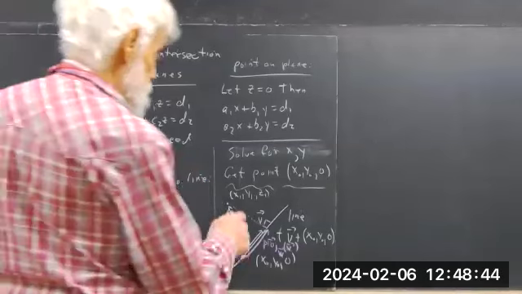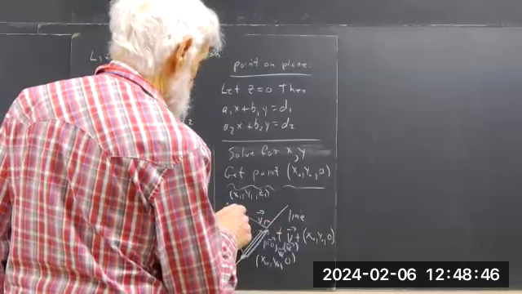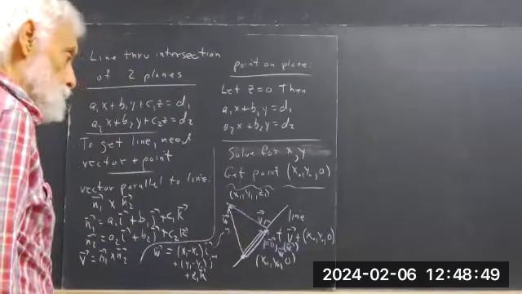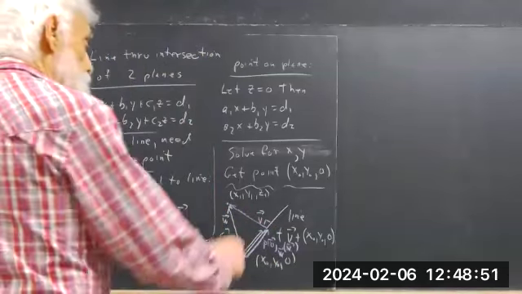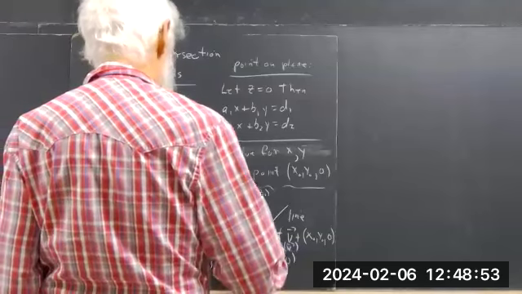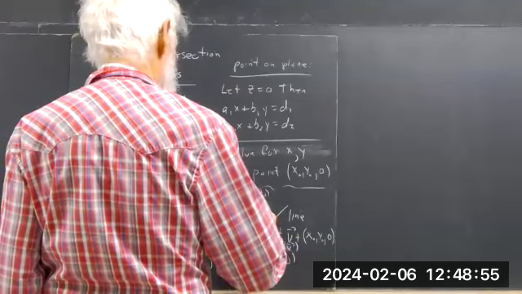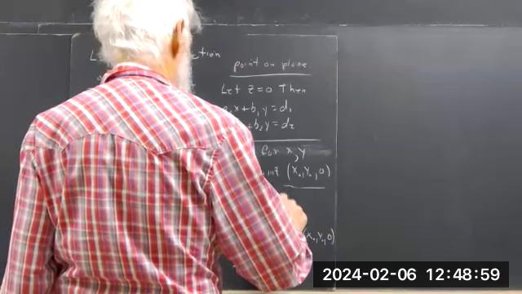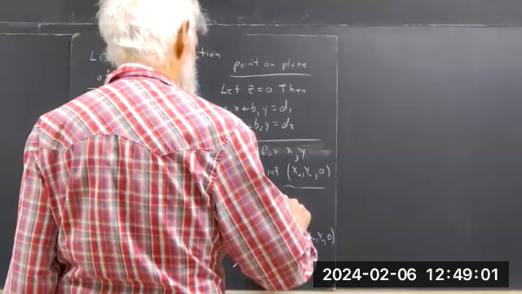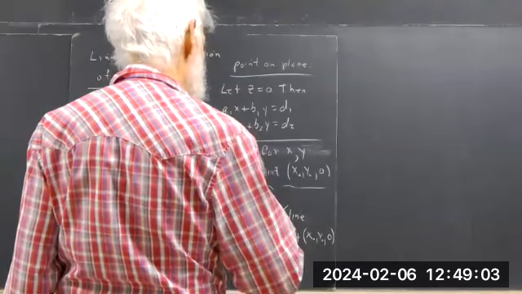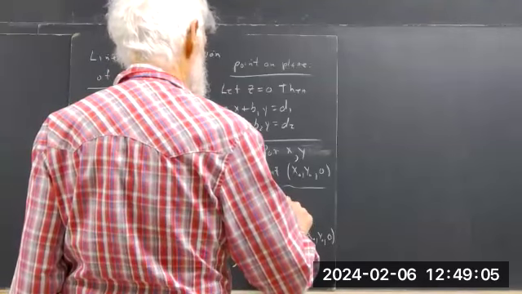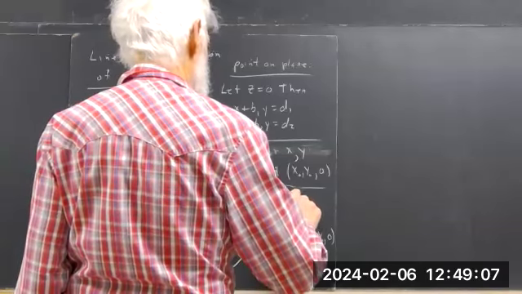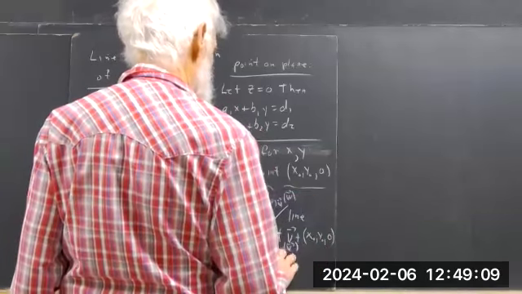Okay. So we have a positive vector here. And this vector is then, and I'm going to get it written correctly.